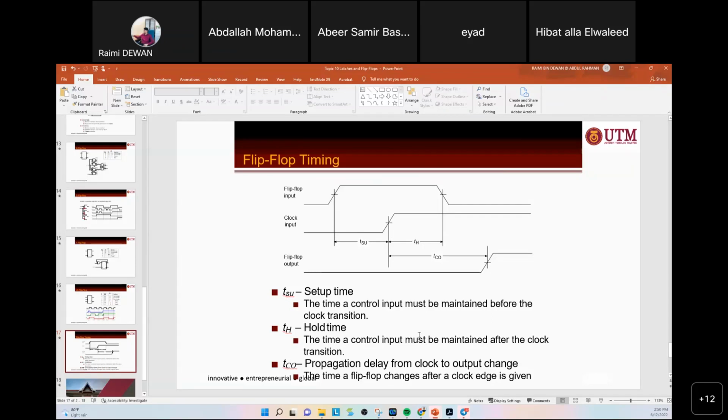Propagation delay is that in real life, when we have an input signal, it is not generated at the same timing at the output. There will be some delay. This is the practical delay from the clock transition until the output change. So you have a delay here, the propagation delay.